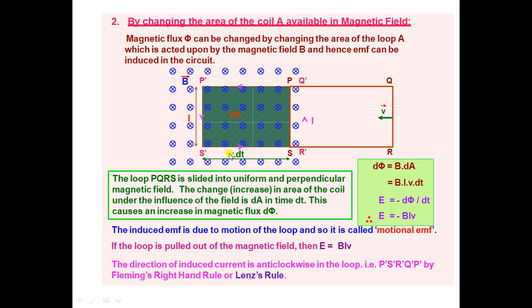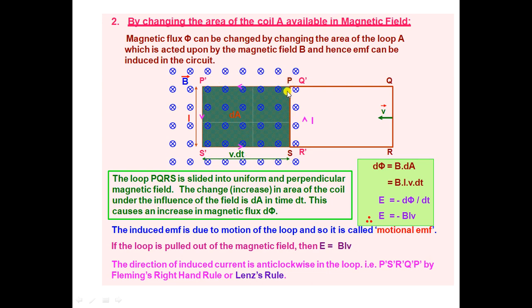In this area the same magnetic field is present, that is capital B, and every point of this area has the same magnetic field.